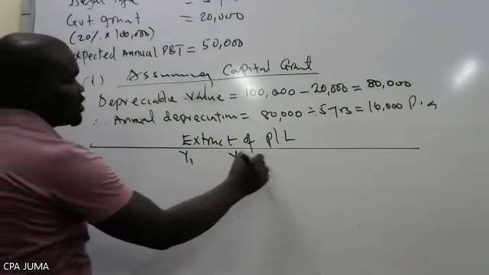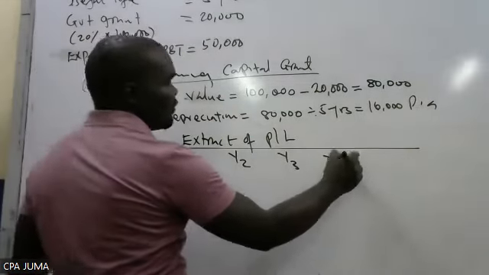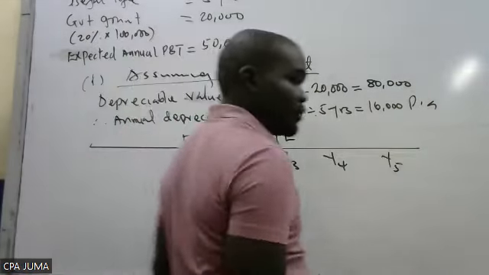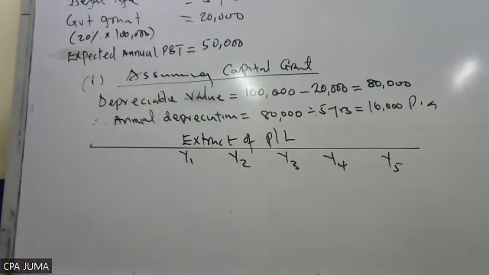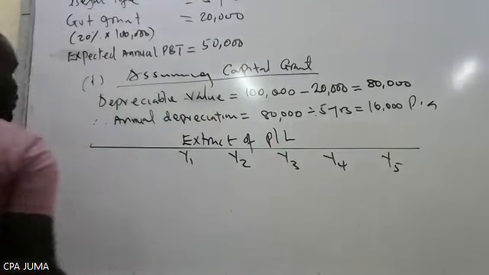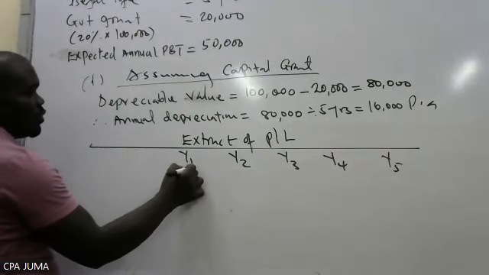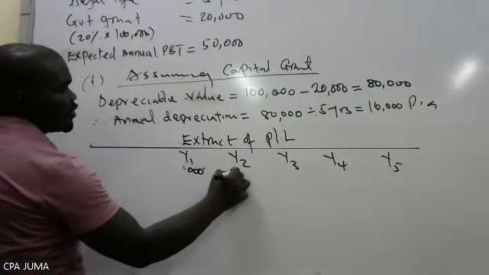Year 1, year 2, year 3, year 4, year 5. Of course, shillings we have reduced to thousands.